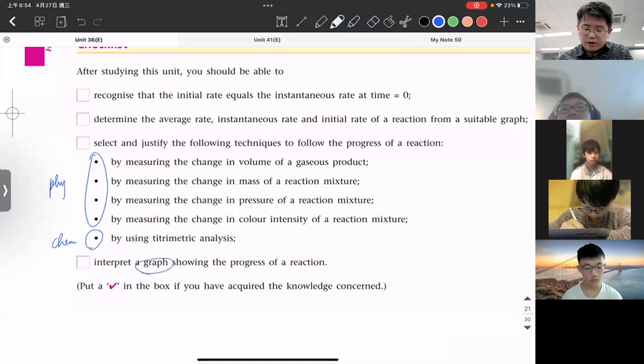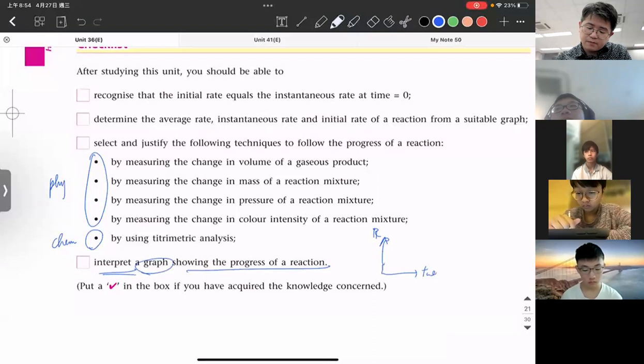So you may plot a graph and it will show the progress of reaction, and you need to interpret this one. For example, the change in reactant concentration versus time will show you a curve like this. While for the change in the concentration of product versus time, it will give you a curve like this.